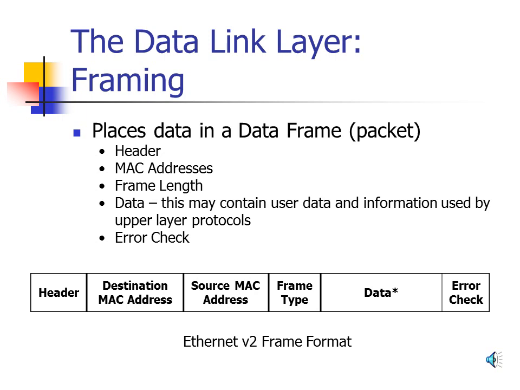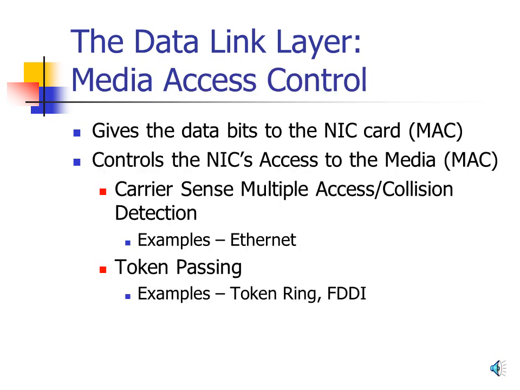Then after that is the source MAC address. This is the MAC address or NIC card address that is sending this frame. So there's the to address and the from address. Inside there's a frame type. This just identifies the contents of the packet, and then finally at the end of the packet we have some error check information.